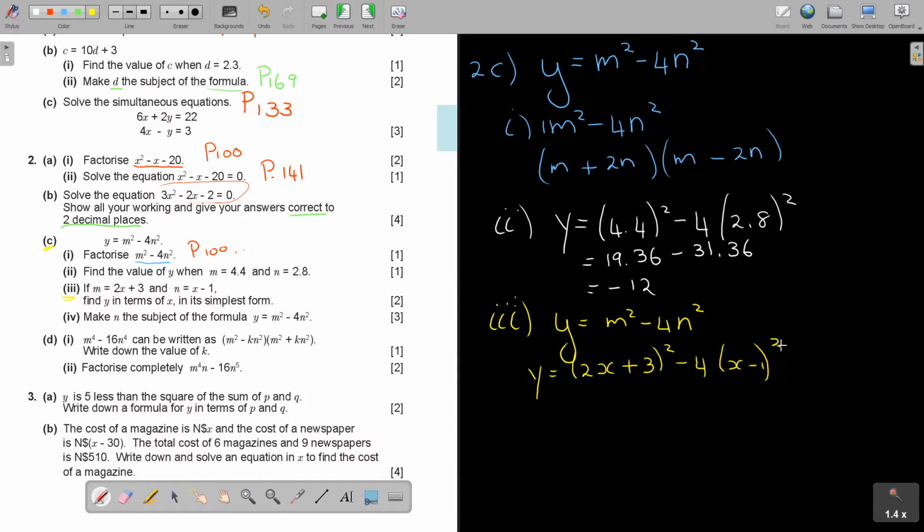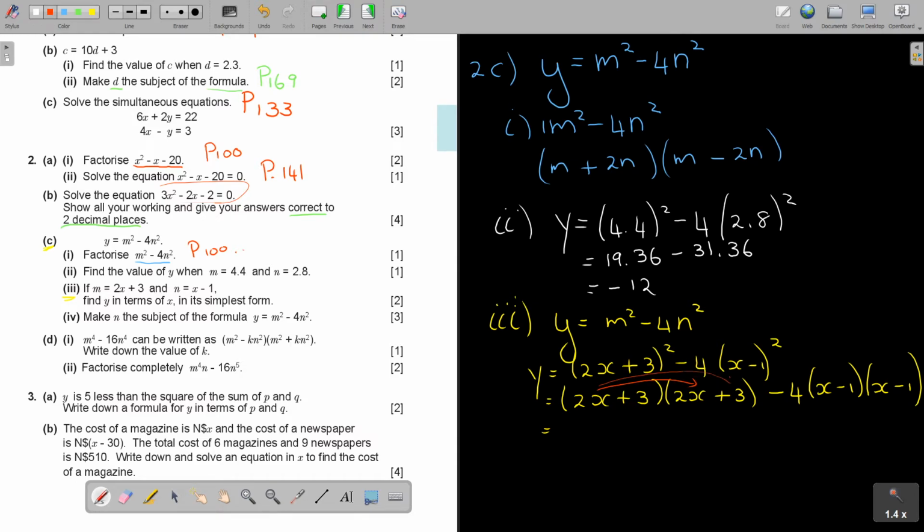Okay. And now it's just multiplying it out. So I think the best will be to write it out 2 times. And be careful. You see, that's x minus 1, I don't want to do the short way, but you can. So I multiply. Can you still remember how I multiply?